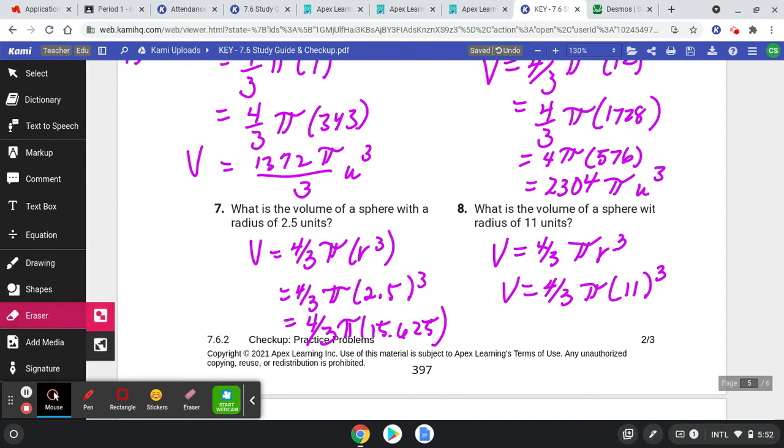That is not divisible by 3. So let's go times 4.